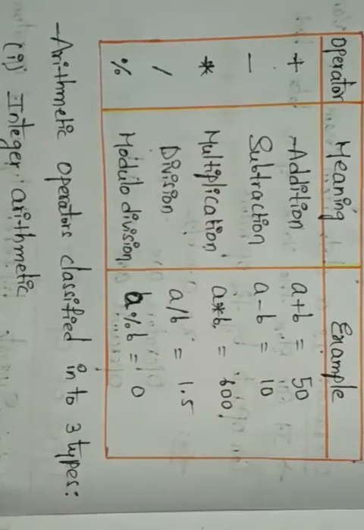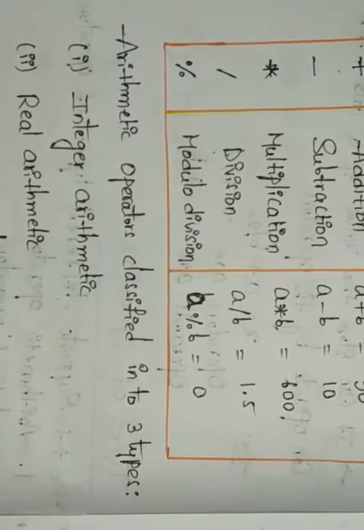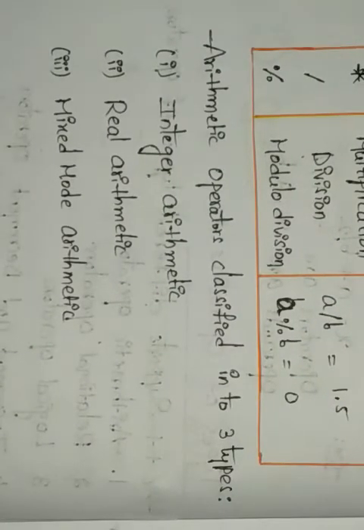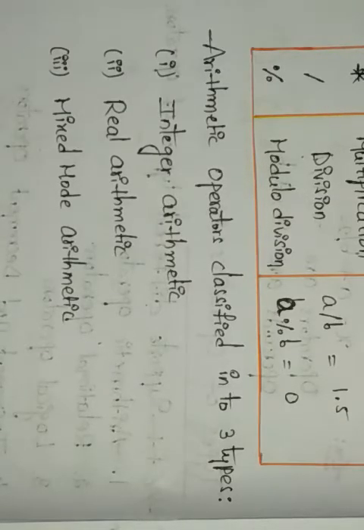Here we have 3 types of arithmetic operators: integer arithmetic, real arithmetic, and mixed mode arithmetic. In integer arithmetic, we can perform operations on integer values, meaning numbers, like A plus B, B minus C, anything you can do.